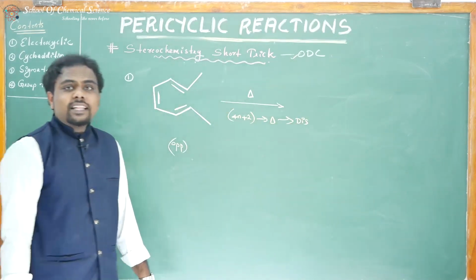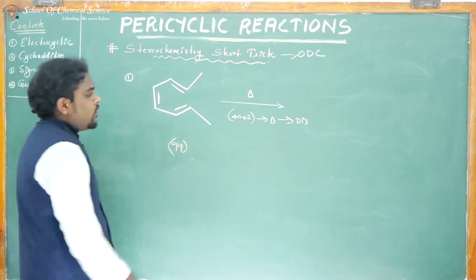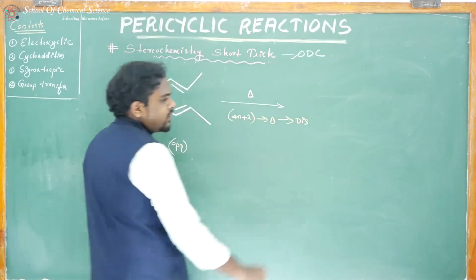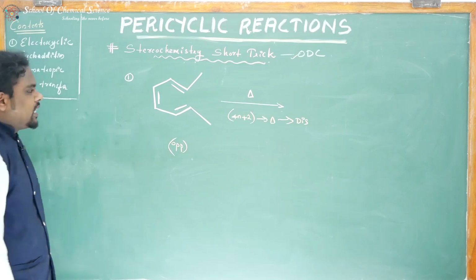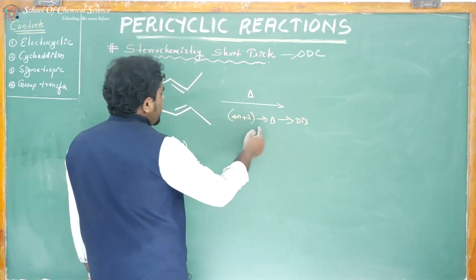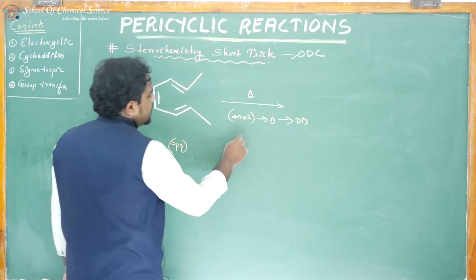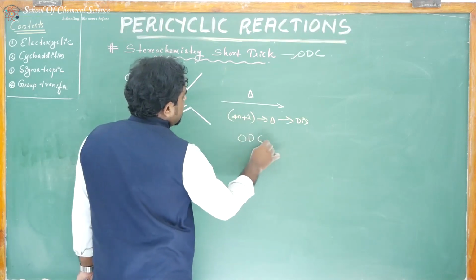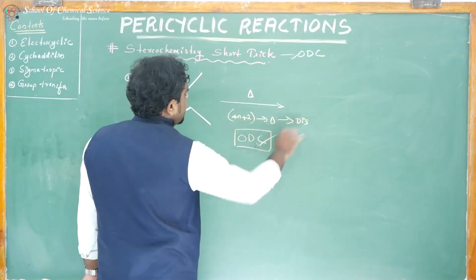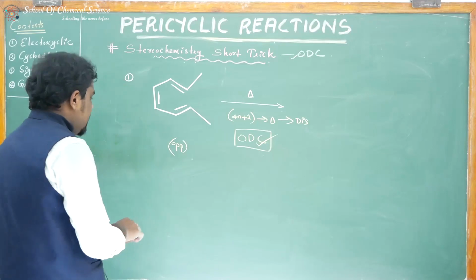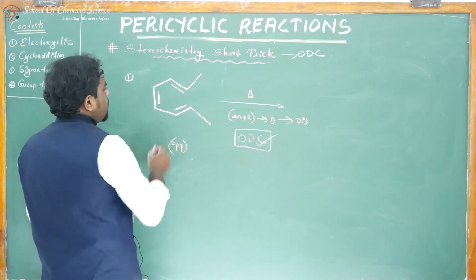So for 4n plus 2 thermal, what is the type of rotation? Disrotation. So you can follow the ODC rule. Substituents are opposite, rotation is dis, so definitely stereochemistry is cis. Before that, write the product.